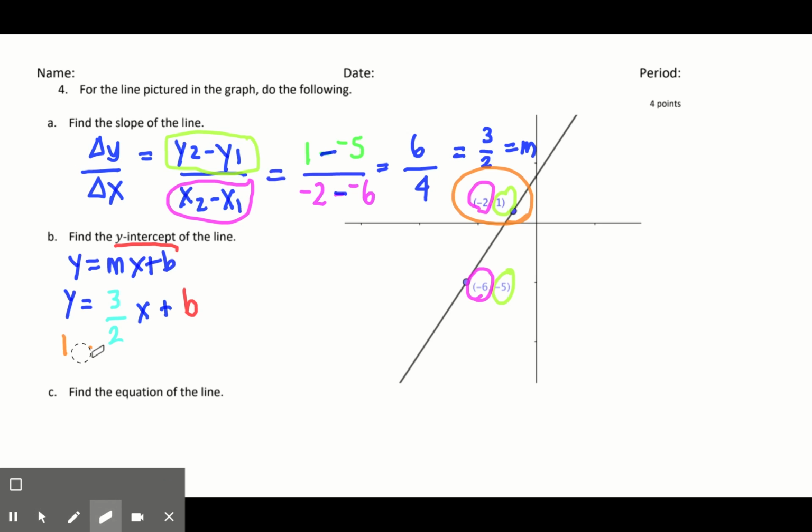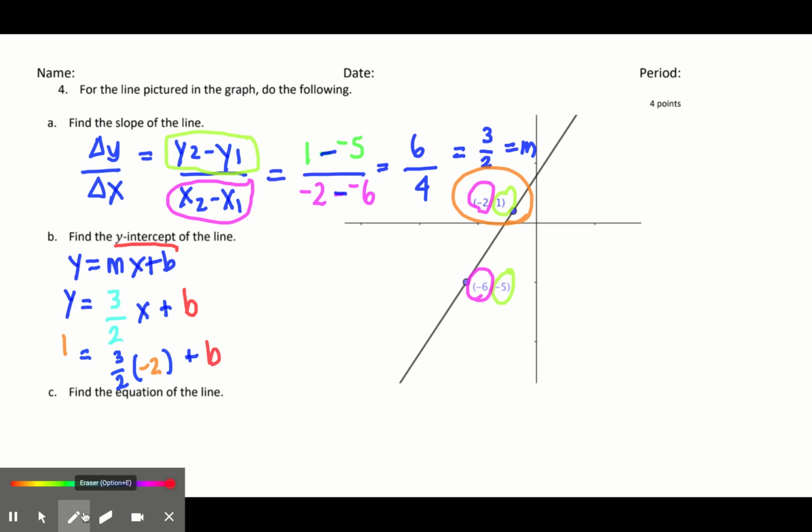Oops. And then 2. And then 3/2 times, and then the -2 is the x value, and then plus b.